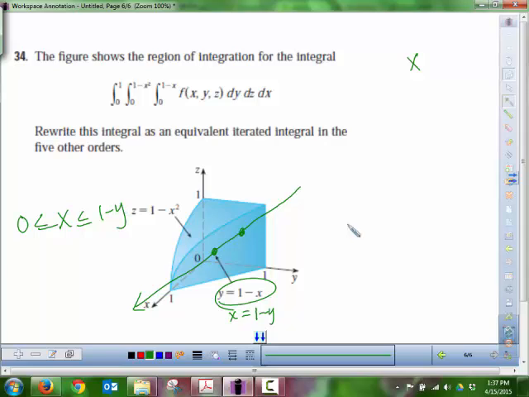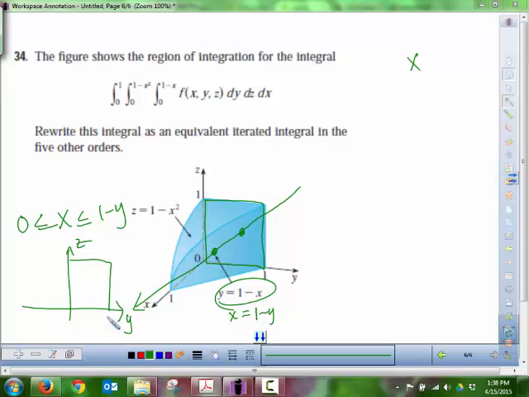Now that I have my x limits, I need to flatten this down on the yz plane. What is this image on the yz plane? It looks like a square here, well, a rectangle. What happens when you have a rectangular region? Your limits are constants.